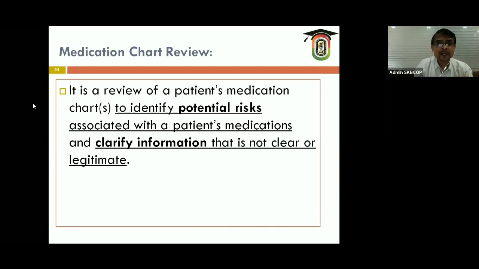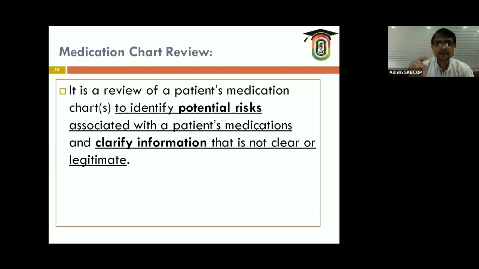क्यों रिव्यू करना? To identify the potential risk associated with patient's medication. ठीक है, अगर कोई रिस्क वहां पर दिखती है तो उसको आइडेंटिफाई करना उस पर्टिकुलर चार्ट से, वो रिव्यू करना. ठीक है, एंड क्लेरिफाई द इंफॉर्मेशन दैट इज नॉट क्लियर एंड लेजिटिमेट. मेनी टाइम्स बिकॉज क्या होता है जब चार्ट बनता है तो जनरली दिस चार्ट इज प्रिपेयर्ड बाय नर्सेस और फिजिशियन. ठीक है.